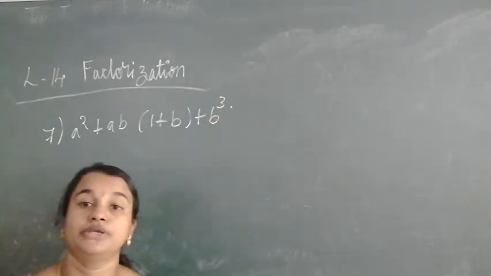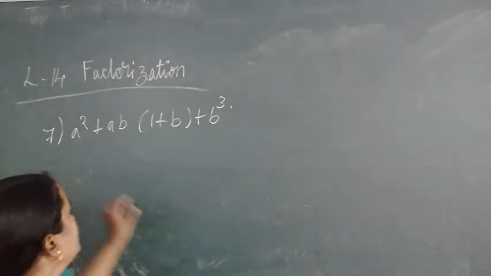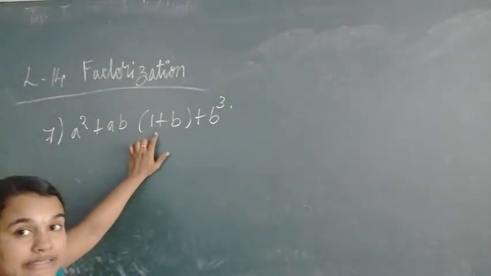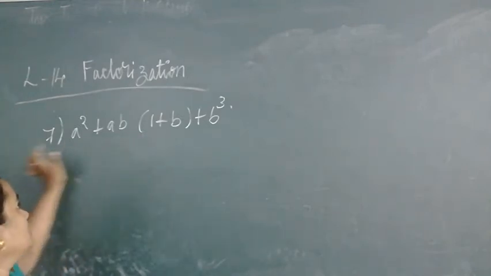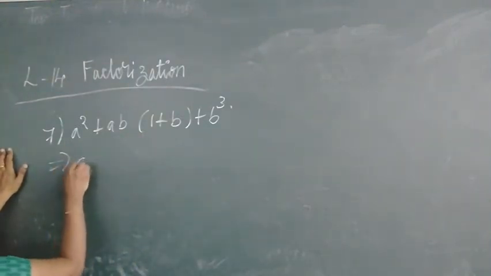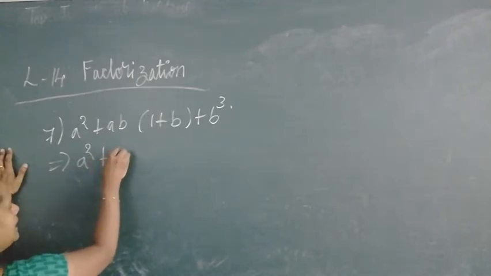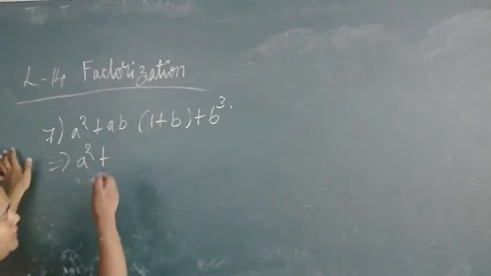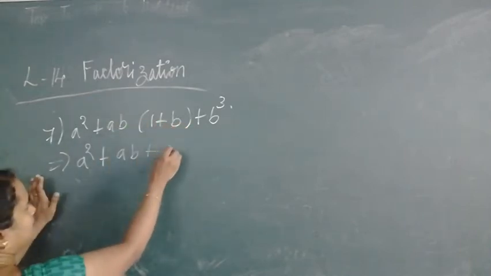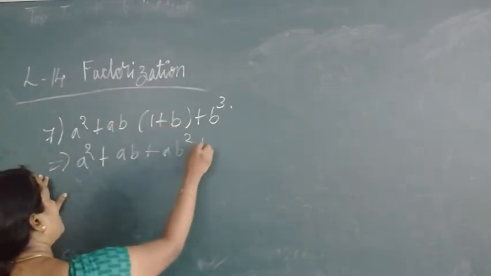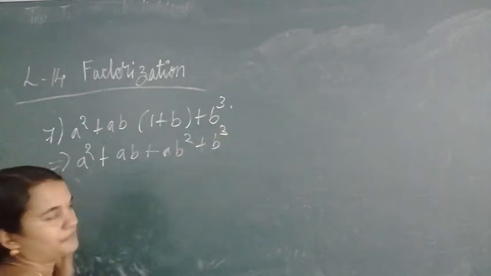Now what we will do in this question, children? Here inside they have given a bracket, so we have to remove that bracket first. That means a square plus ab into 1 means ab only we will get.